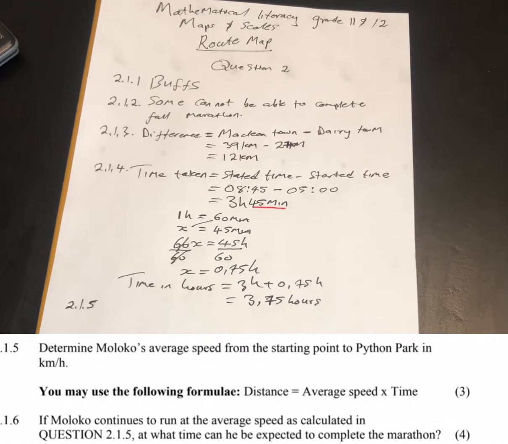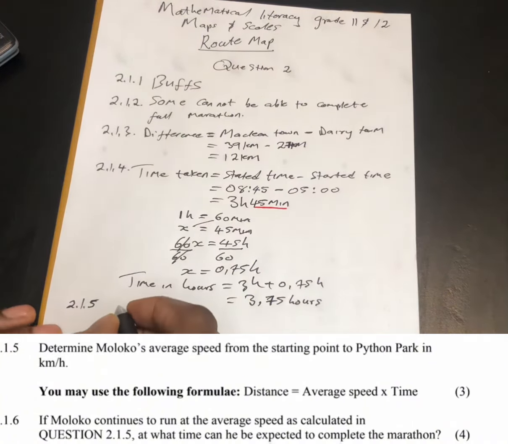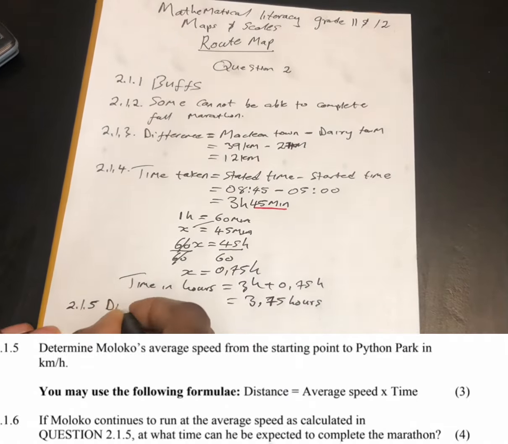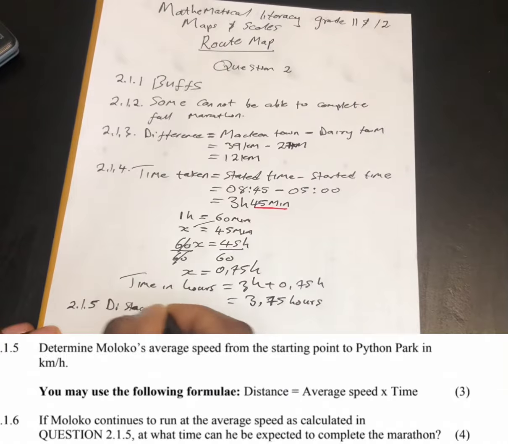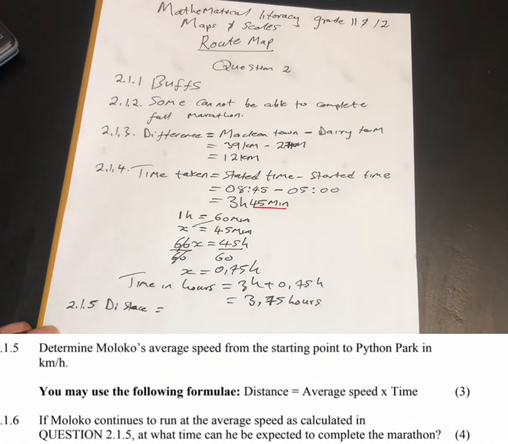It says determine Mologo's average speed from the starting point to the Python park in kilometers per hour. They gave us this equation to say we may use distance is equal to average speed multiplied by time.